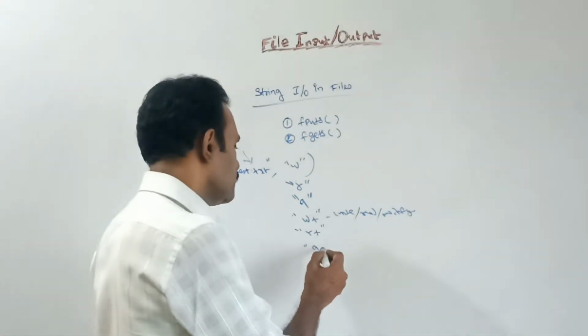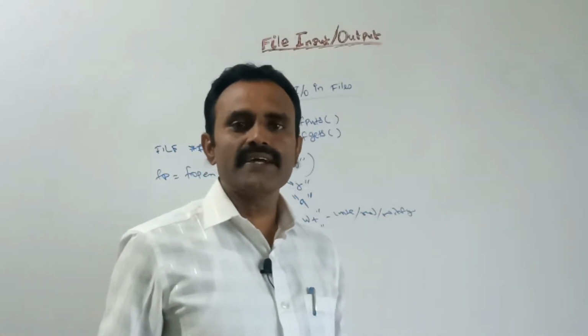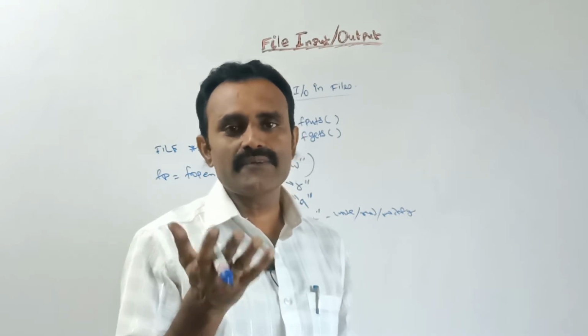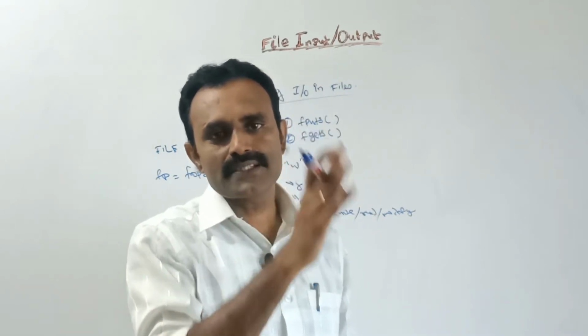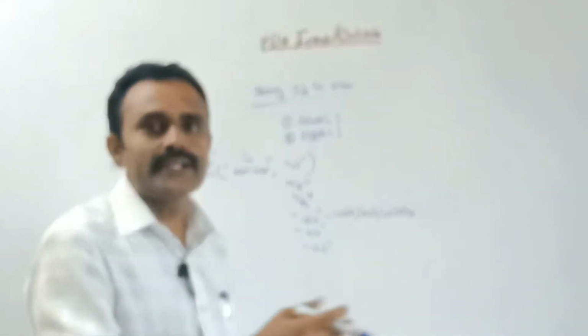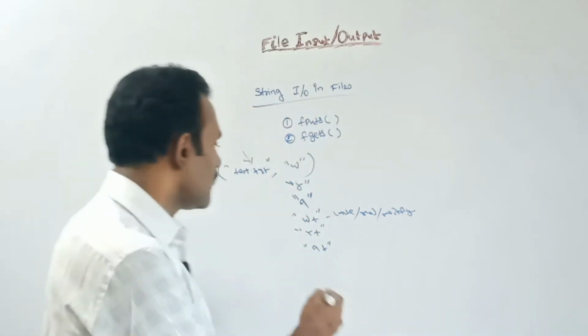In the same way, append. For append, if the file already exists, we can append the data. What data you give is added after the previous file data, inside that file. So this is append mode.